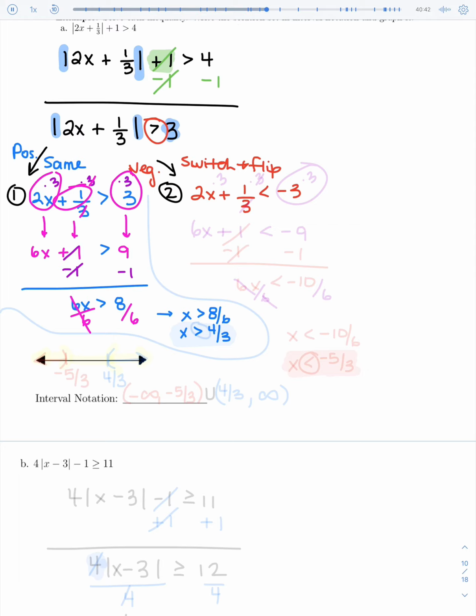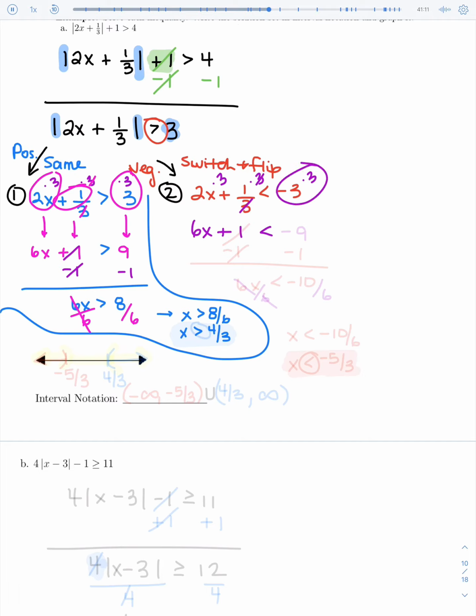Okay. Continuing along, let's work on our negative version. Our negative version, we need to start off very similar. We can start off by multiplying everything through by 3. That will still give us the same idea. It will give us a 6x. Canceling out the 3's will give us a plus 1, is less than.